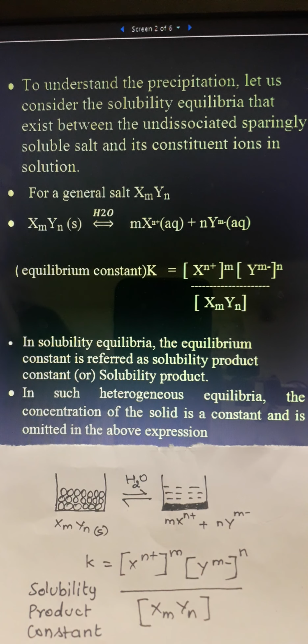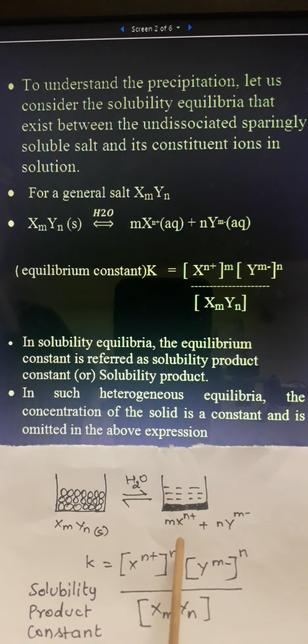To understand precipitation, let us consider solubility equilibrium. The reactant in solid phase is dissolved in water to form constituent ions. How do we write the equilibrium constant for this? As usual, product concentration divided by reactant concentration.